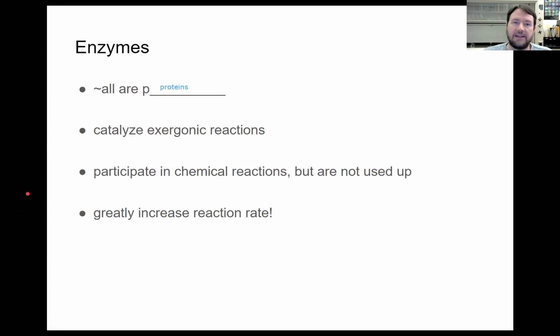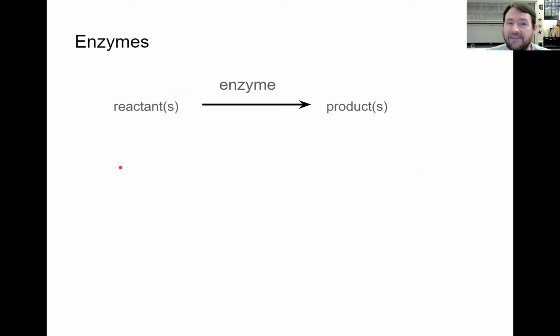Okay, so essentially, if we have a chemical reaction where the reactants become products, we usually write the name of the enzyme over the reaction arrow to indicate that it's participating but not being used in the reaction. So it's neither a reactant nor a product.